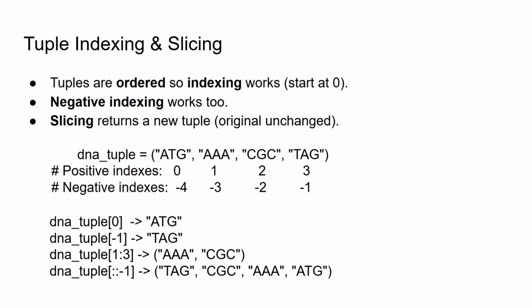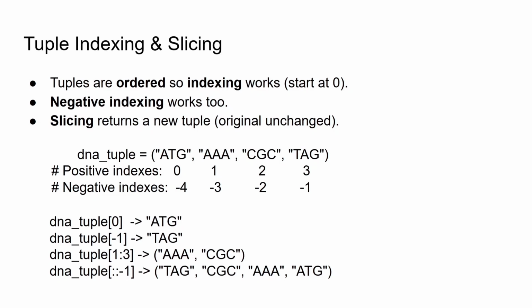We can also use negative indexing, which starts counting from the end. -1 is the last element, -2 is the second last, and so on. So DNA_tuple[-1] gives TAG, and DNA_tuple[-4] gives the first element ATG. Finally, we can use slicing with a step.